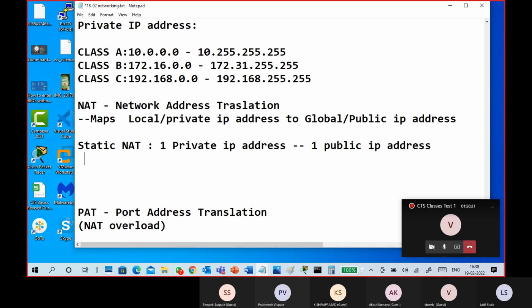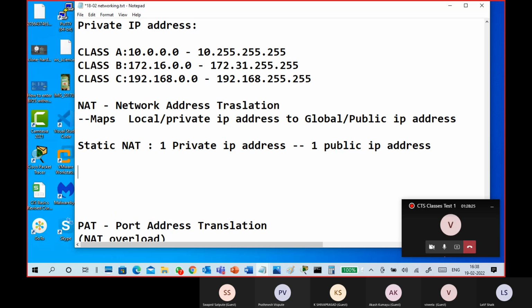Next one is dynamic NAT. Multiple private, meaning inside IP addresses, to public.